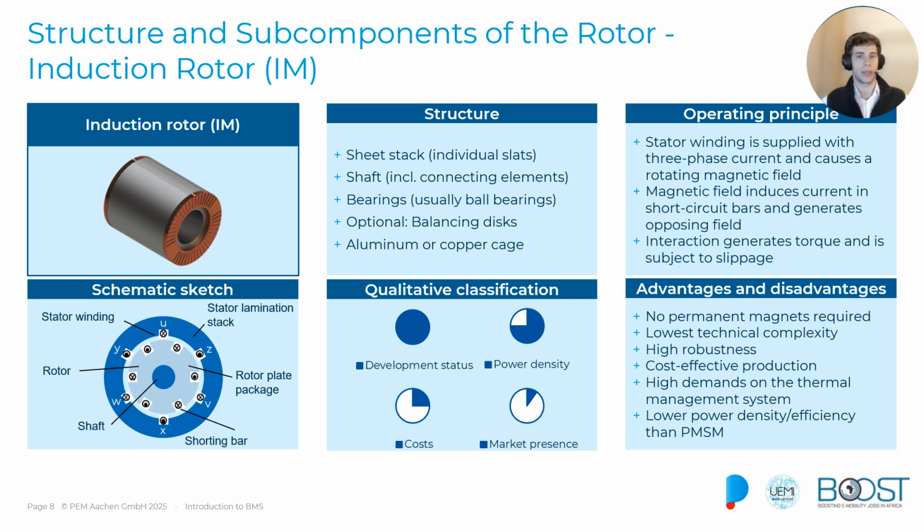We can see that in the picture. The rotating magnetic field of the stator induces current in the short circuit bars of the rotor. This generates an opposing field in the rotor which interacts with the one of the stator and generates torque.